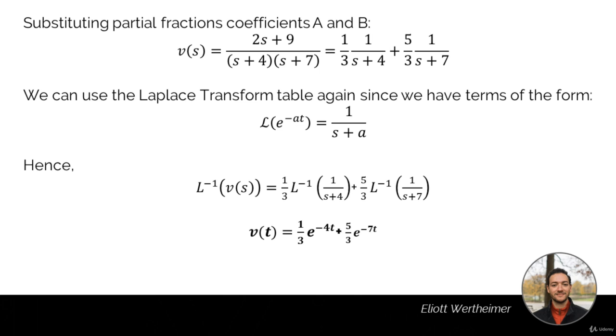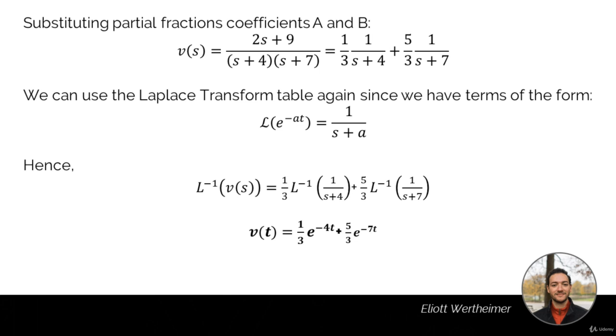So, like I just told you, we can use the Laplace transform table again since we have terms of the form 1 over s plus something, okay? And then reversing that, we can go back to exponential minus something times t, okay? So replace the something by the number that is in the equation. The something is just a constant.